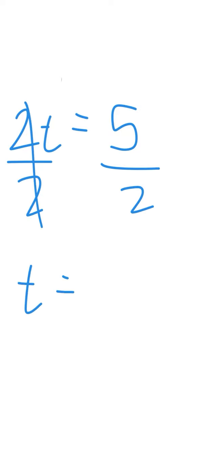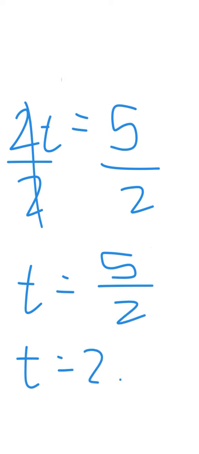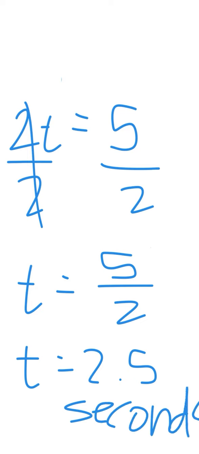So t, the time t, when the velocity of object 2 and object 1 are equal, is at 2.5 seconds. And that's how you answer question number 1.